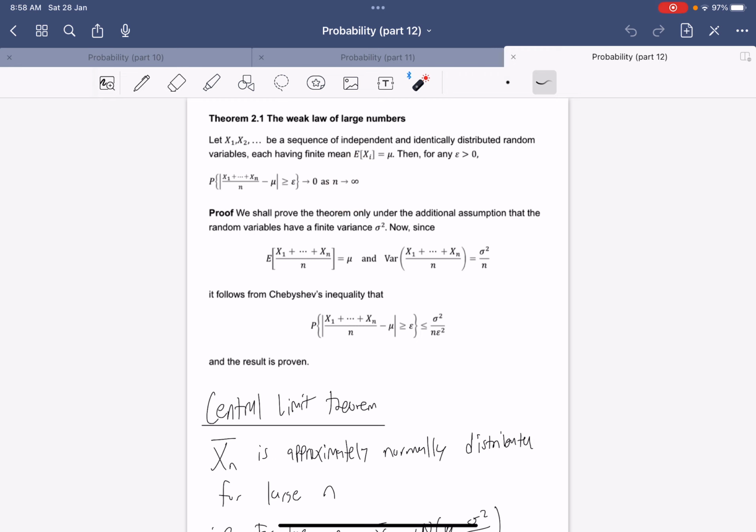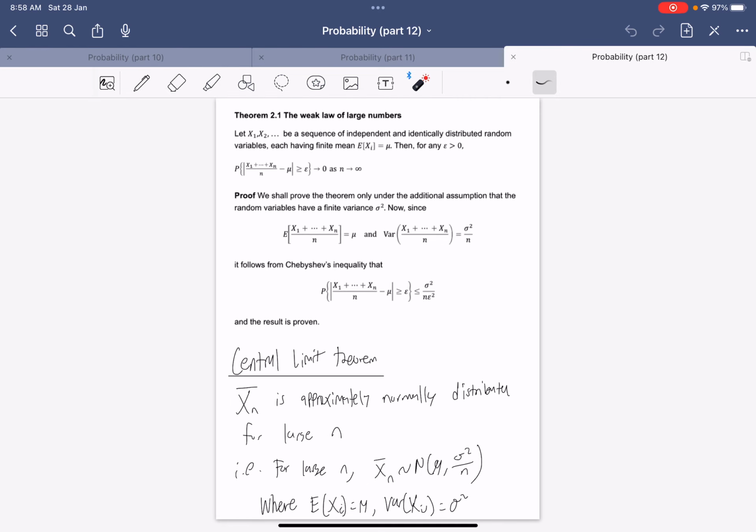Because by the strong law of large numbers, this is supposed to approach mu, so being away from mu by any distance has probability 0. We prove this using the Chebyshev inequality. As n goes to infinity, the bound approaches 0, and so this approaches 0 as well by the squeeze theorem.